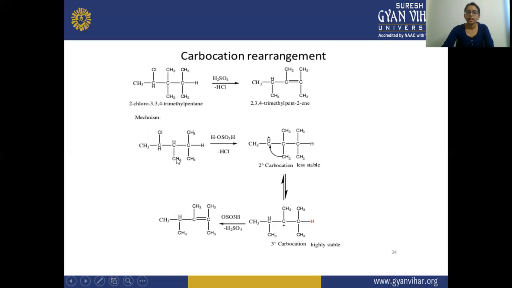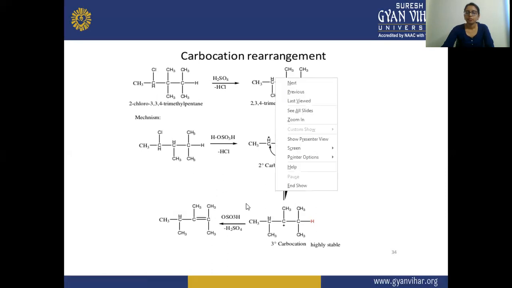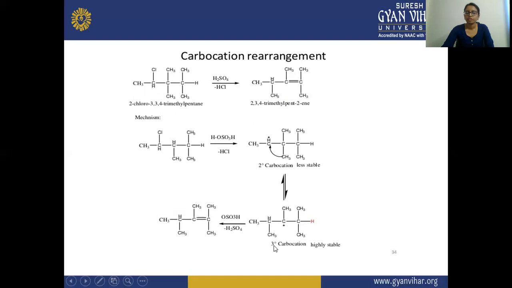This methyl will shift from this position to this carbon atom, and after that this is the secondary carbocation, which is less stable, and there is a shifting of this methyl group from this position to this carbon, and there is a formation of a tertiary carbocation, which is highly stable.